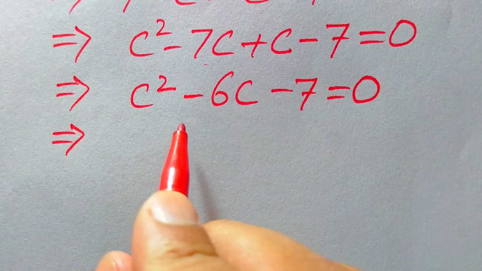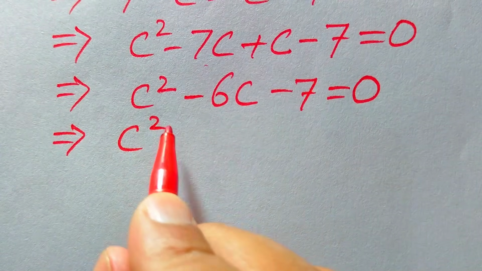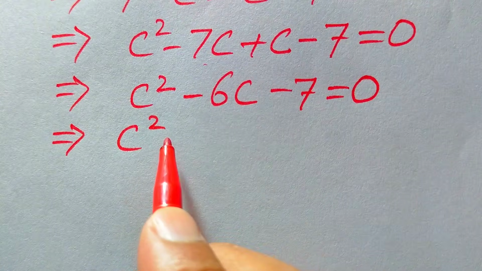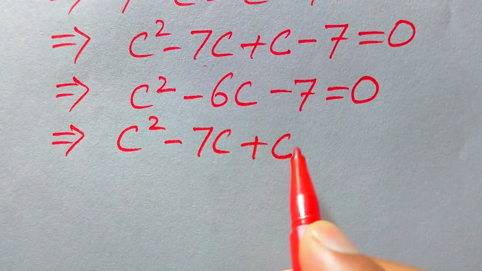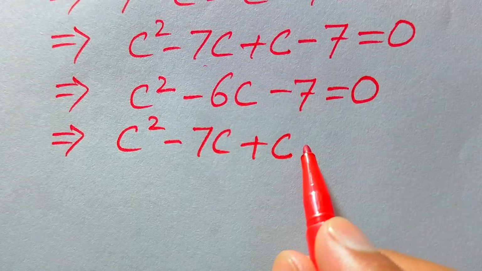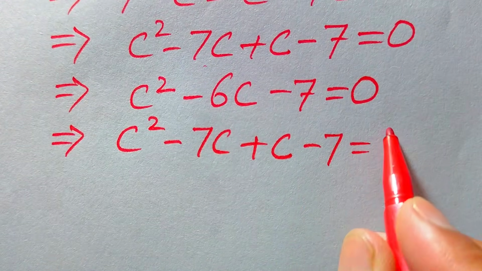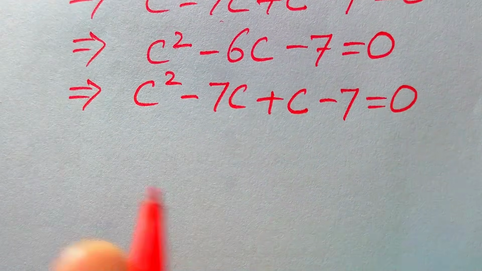In order to make the factors of this equation, we break its middle term and we write this minus 6c as minus 7c plus c, and this is minus 7, and this whole equation is equal to 0.